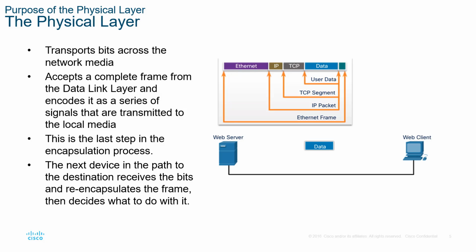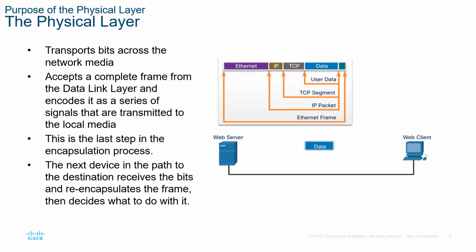But essentially, we're taking the packages and making them go on whatever physical media we are selecting. This is the last step in the encapsulation process. Again, we take the entire package, we break it down into manageable chunks, and we send it on the wire.